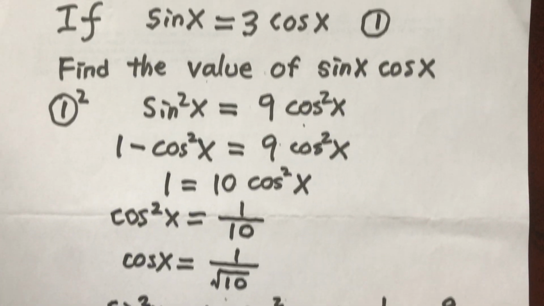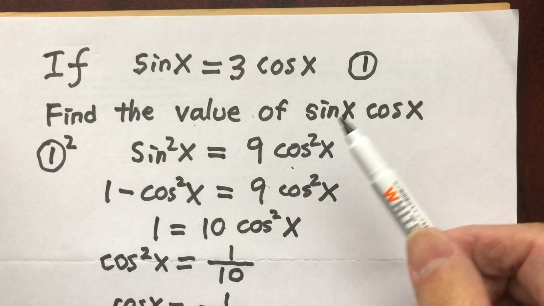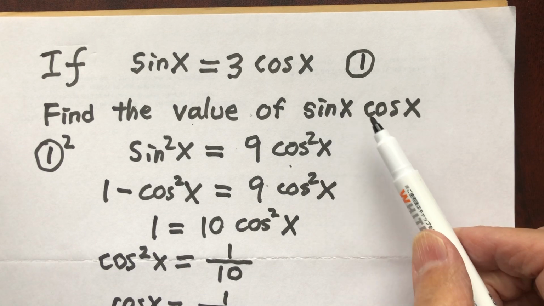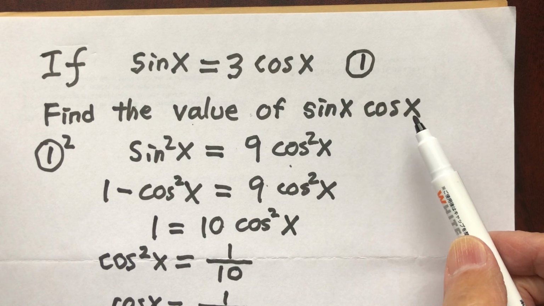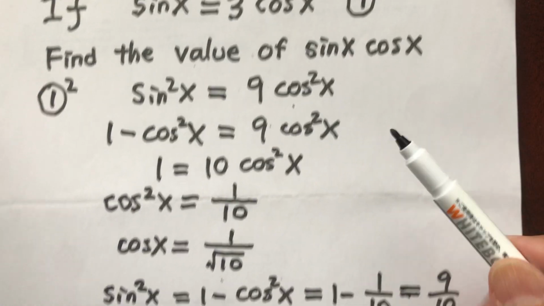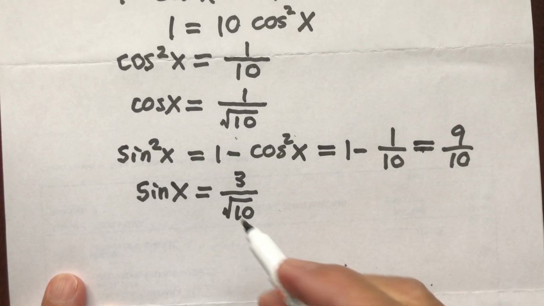Therefore, this is easy to answer. What is sine x multiply cosine x? Since I have both sine and cosine, I just multiply them.